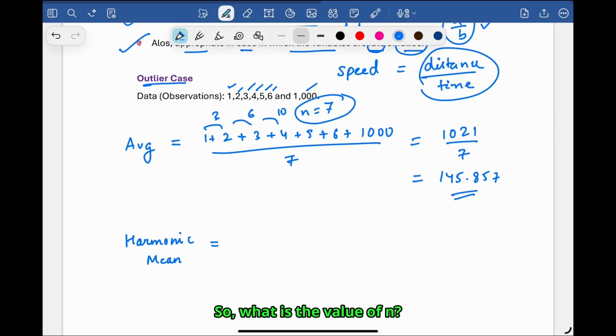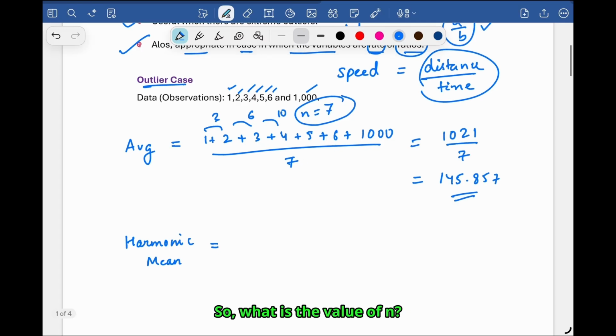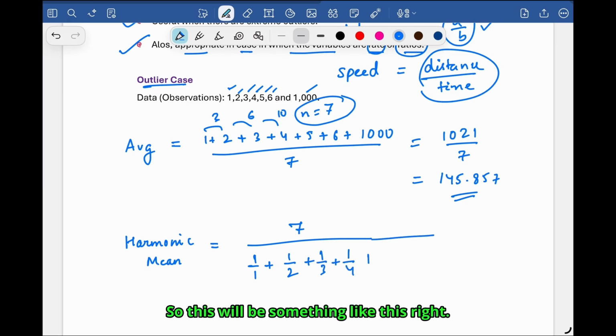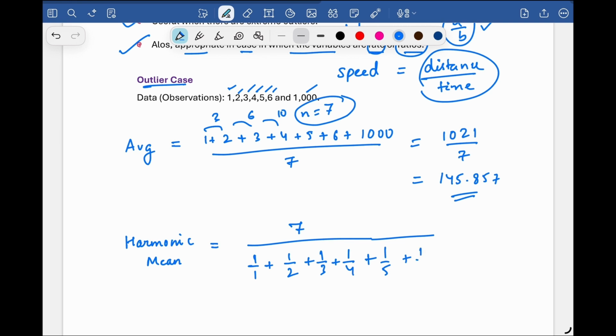Harmonic mean. So what is the value of n? N is 7, right? Divided by 1 divided by 1, 1 by 2, and so on.